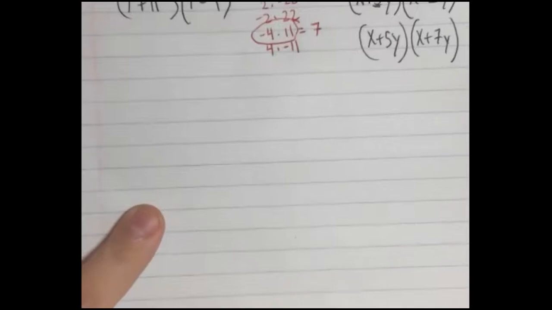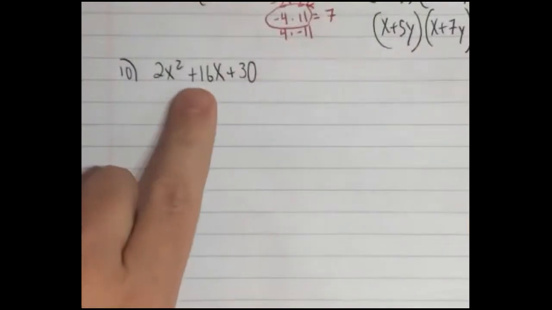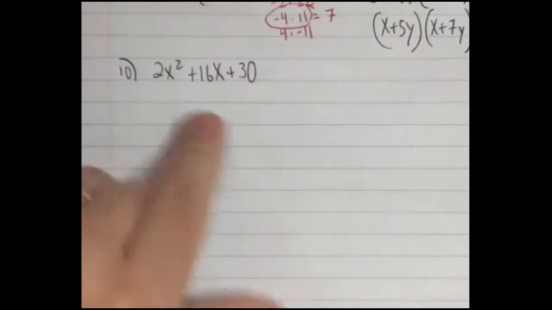All right, we've got a few more to go over. One of the things I really didn't tell you guys, but it's really the first thing you have to do when you're doing these trinomials, is factor out that GCF.